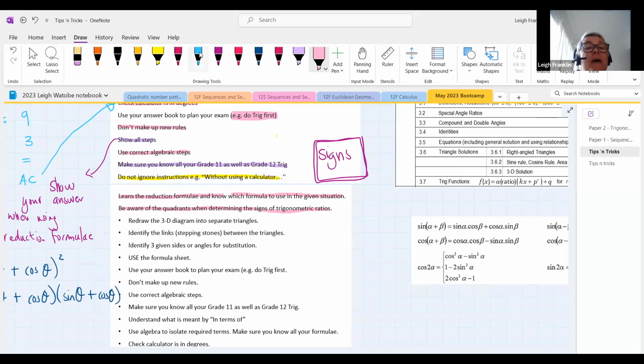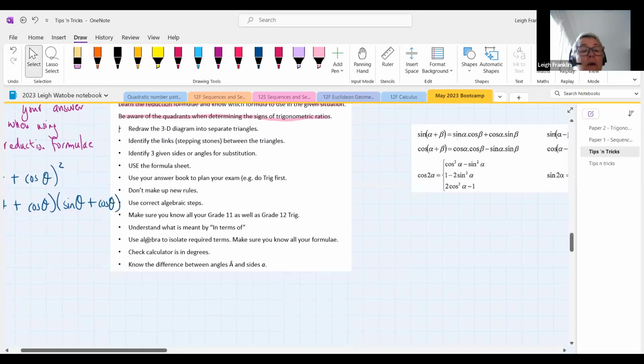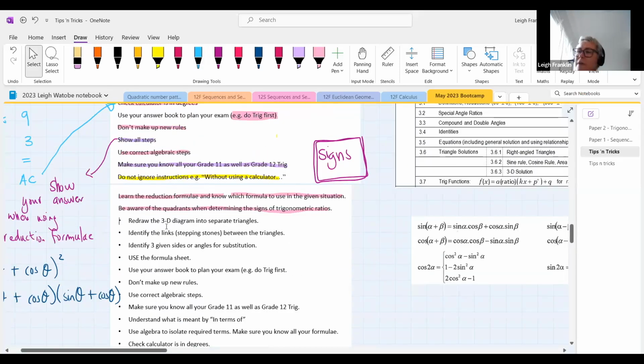This sort of information is good if you are working with the sine and the cosine rule. Oh no, I think I've done, sorry. I don't think anybody's doing sine rule, cosine rule now in June, or are you?